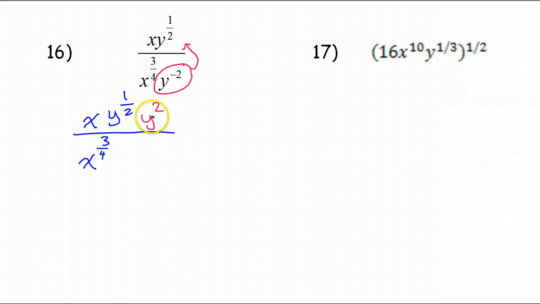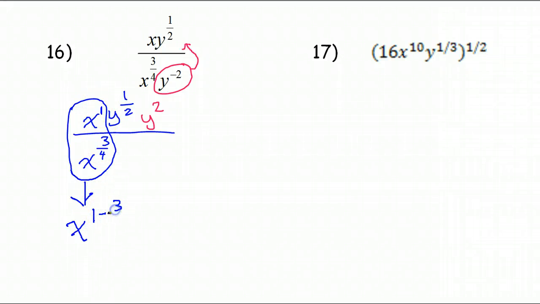Now, let's do the x's and the y's as two separate problems. When you look at these x's, this is like x to the 1 power. In fact, maybe I'll make my lasso include that. So when I do my x's, when you divide, you subtract these powers. So I'm doing 1 minus 3/4 right now.